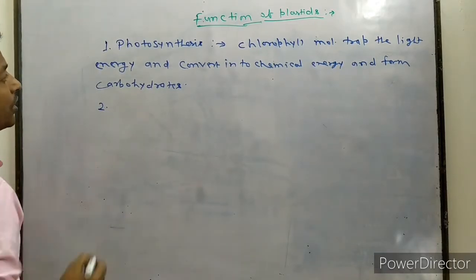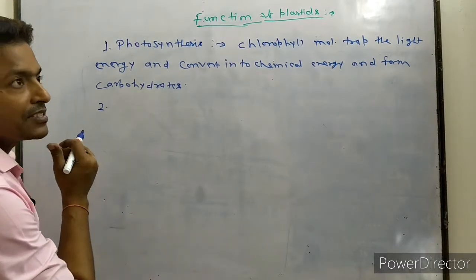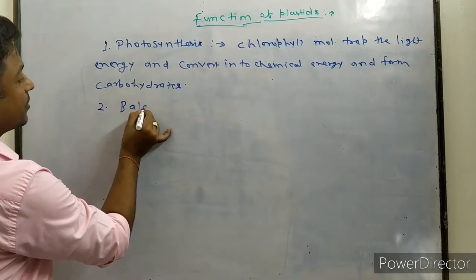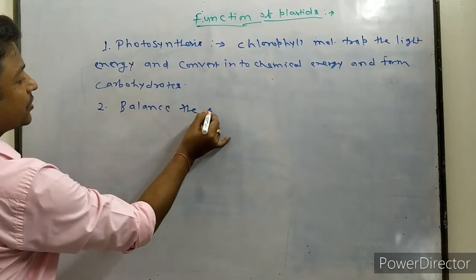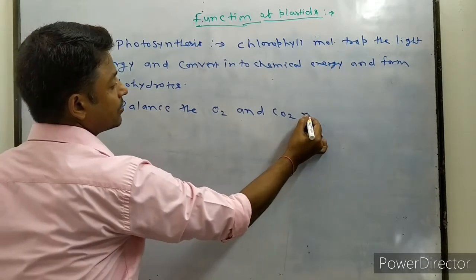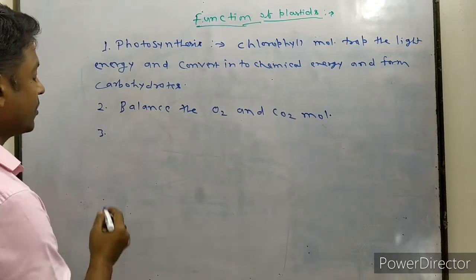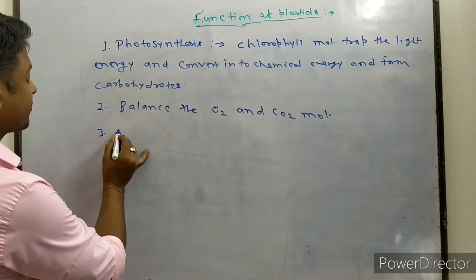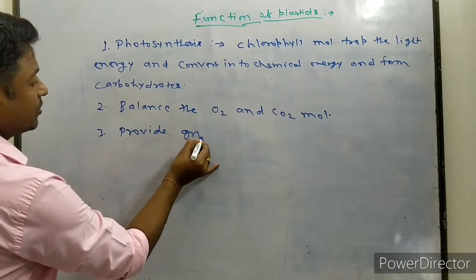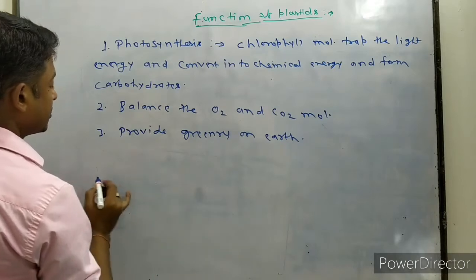Next function of plastids: plastids play a major role in balancing the oxygen and carbon dioxide molecules. Third function, provide greenery on earth.